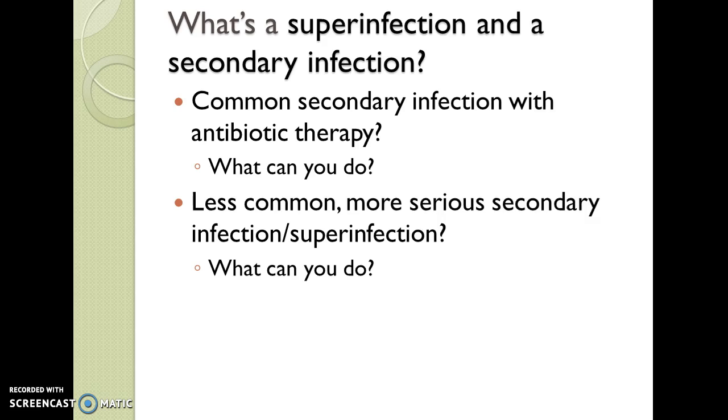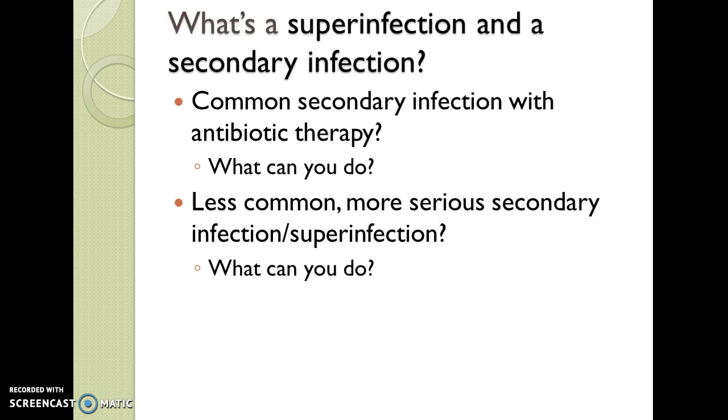So that's talking about super antibiotics. But what about superinfection or secondary infections? And sometimes these terms are used interchangeably. When we think of day-to-day problems that emerge from antibiotic use, we have some fairly common secondary infections which occur when the antibiotic basically wipes out some of the microbes in the body that are helpful microbes and give us troubles.